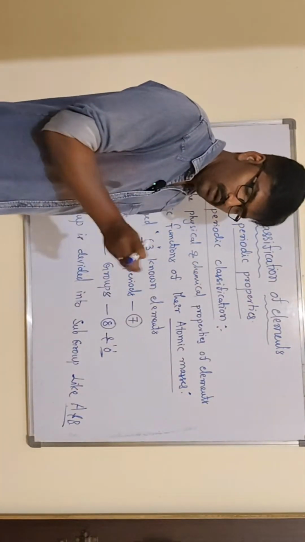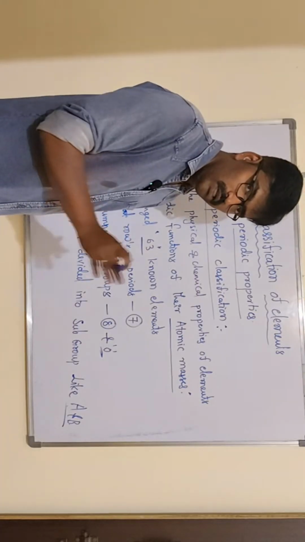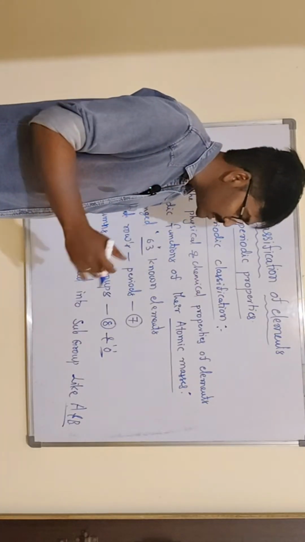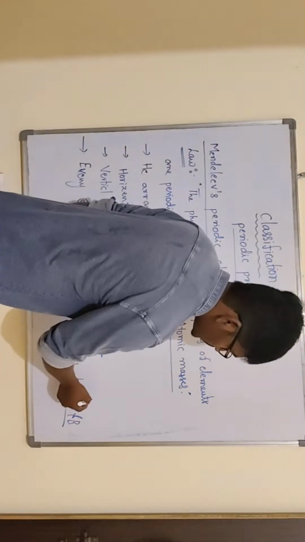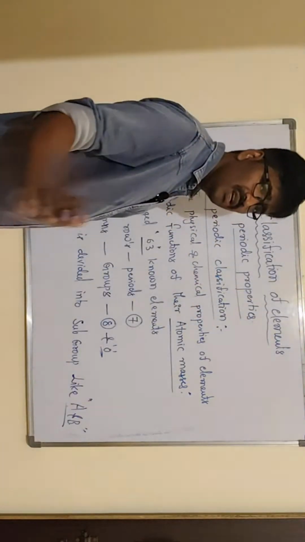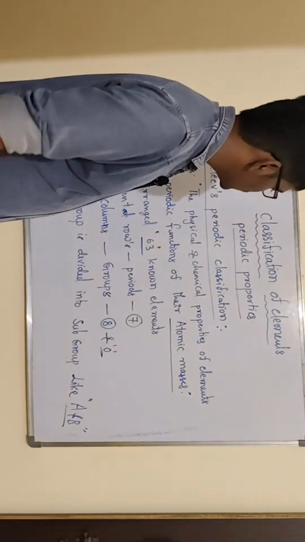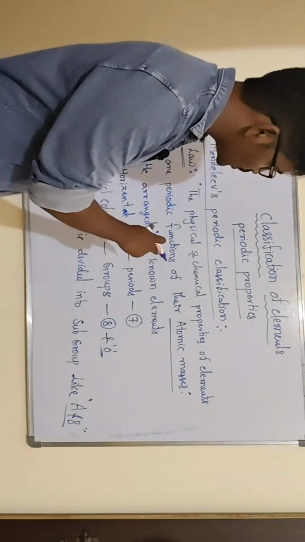Group number 2, 2A, 2B. Group number 3, 3A, 3B. Like that, subgroups are also present in this classification. What are the main important points in this classification, that we'll discuss. First, note it down up to there.